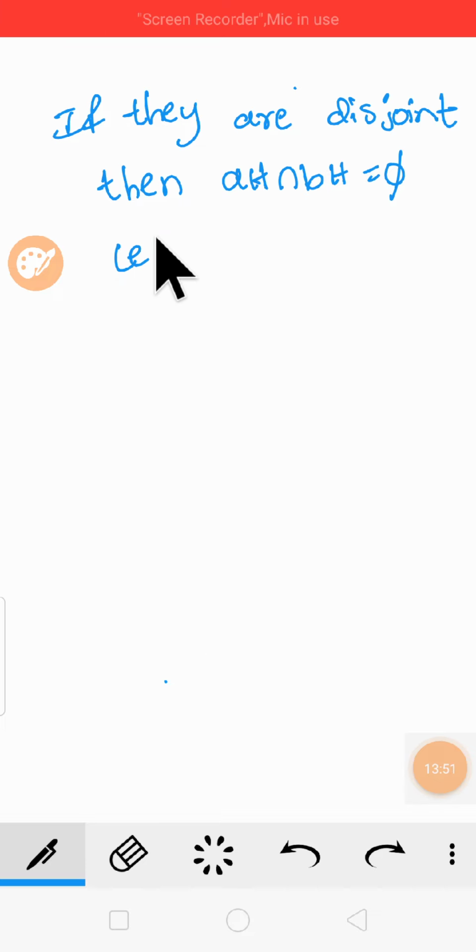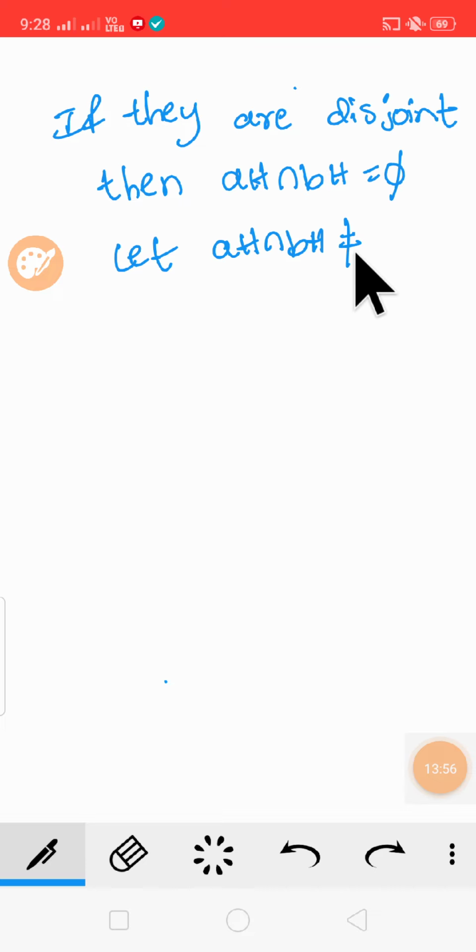Let aH intersection bH not equal to phi.